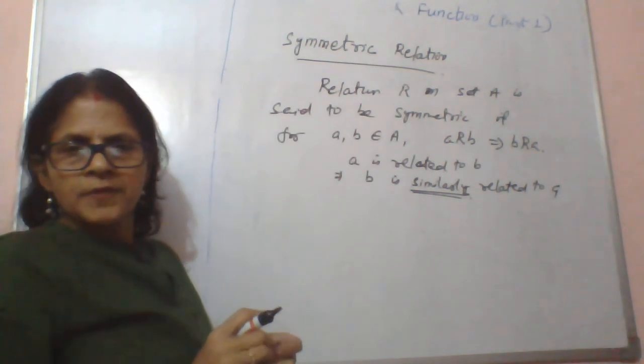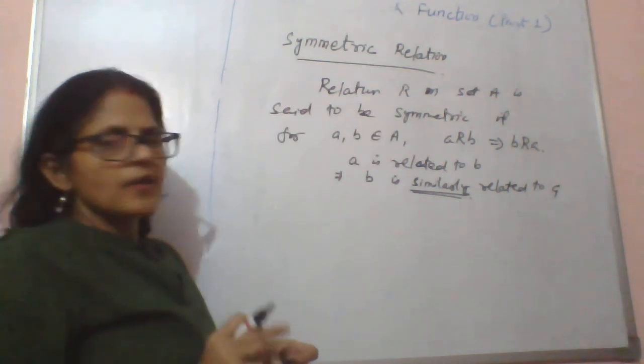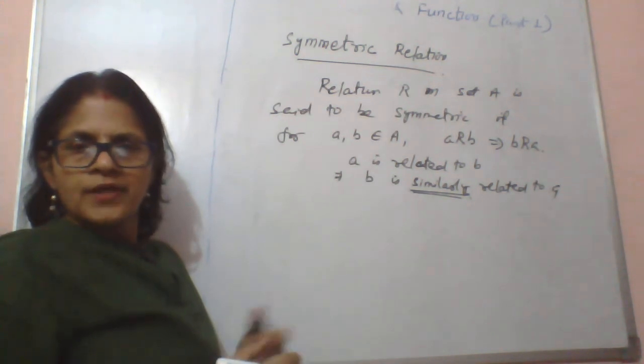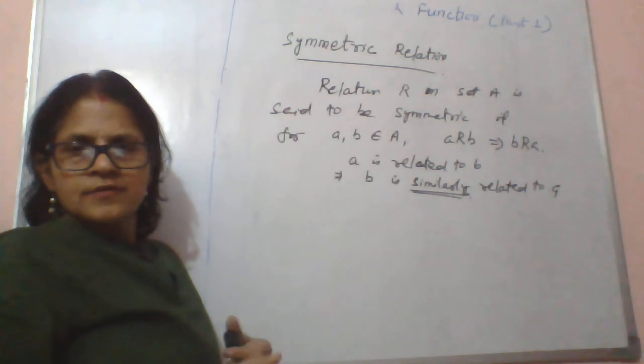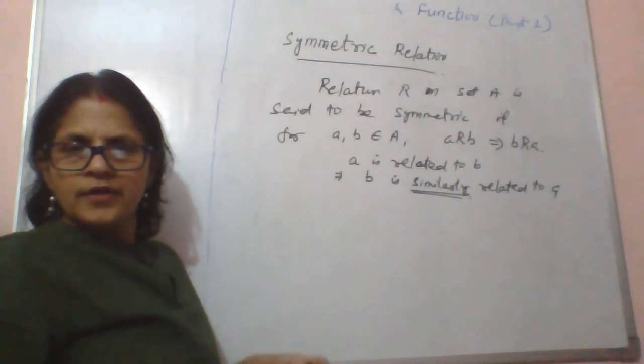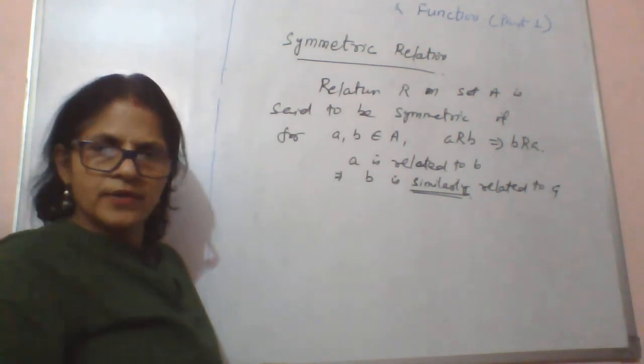For example, if A equal to B, then B equal to A. So equality can be taken as a symmetric relation. Line L1 perpendicular to line L2 implies line L2 perpendicular to line L1, right?